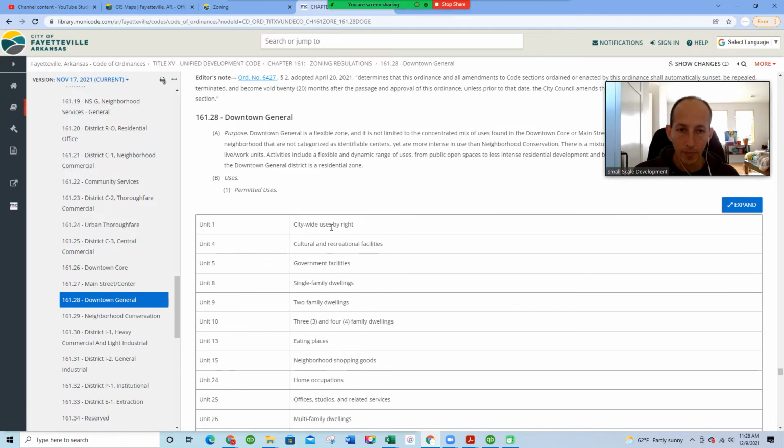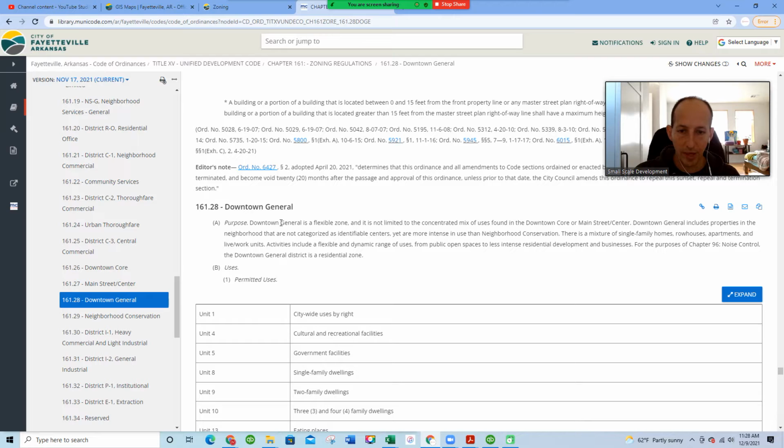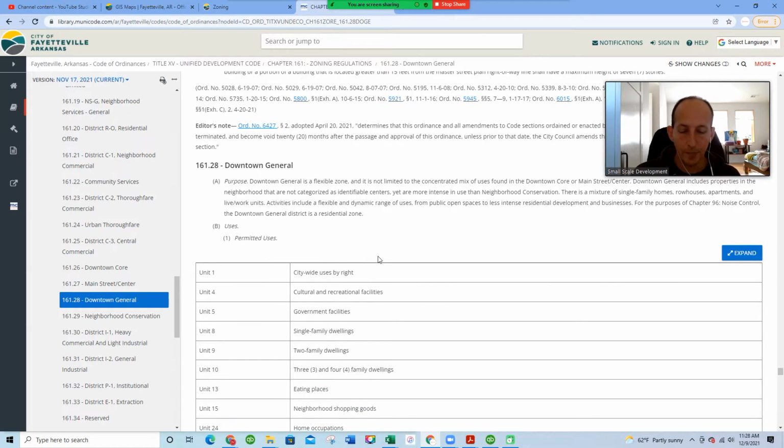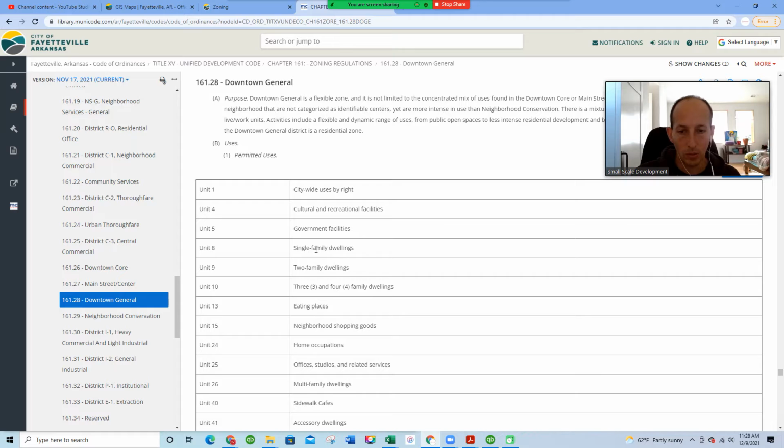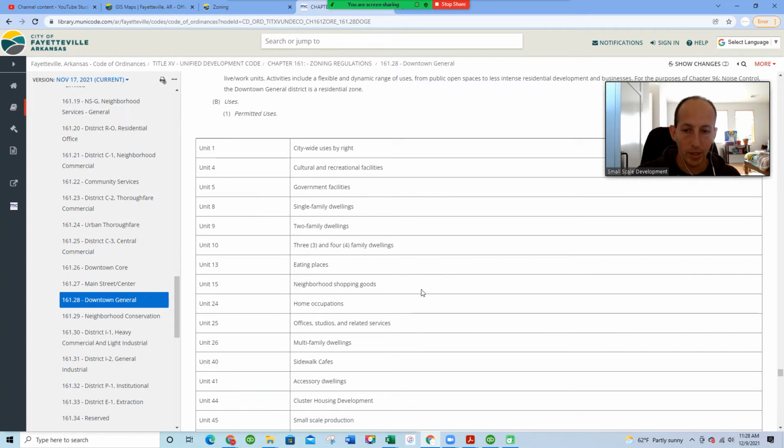So downtown general, in this case, is a flexible zone not limited to the concentrated mix of uses in the downtown core or Main Street center. And there's a mixture of single family homes, row houses, apartments, live work units, etc. So these are the different uses that can actually be built here. Usually what we're looking at is single family dwellings, 2-family dwellings, 3 and 4 family dwellings.